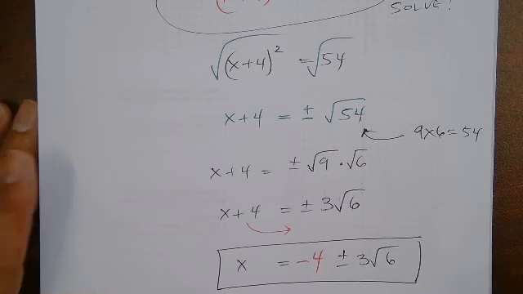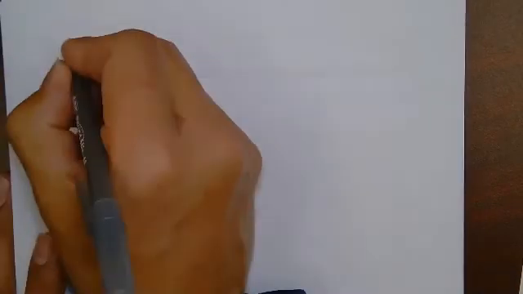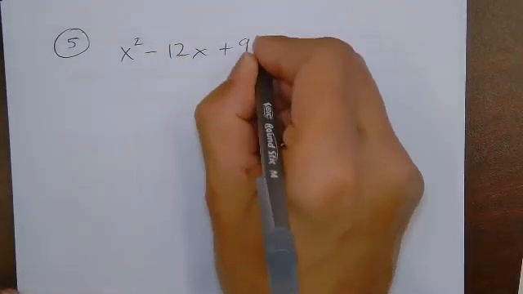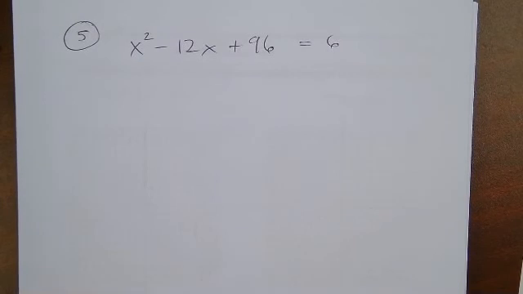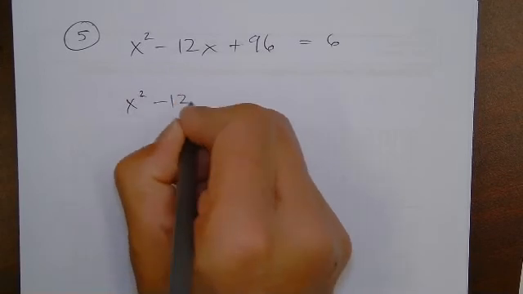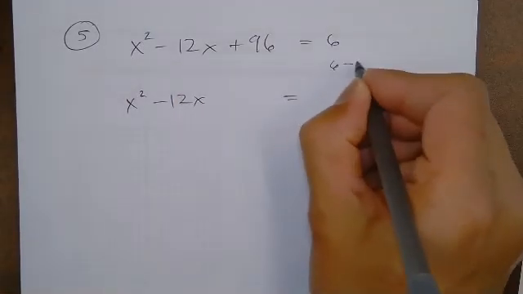Okay, last one. The last one's going to have something like this and even something else. Any questions here? All right, last one, 5. What about x squared minus 12x plus 96 equals 6?